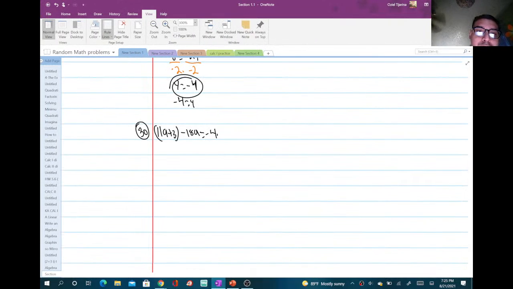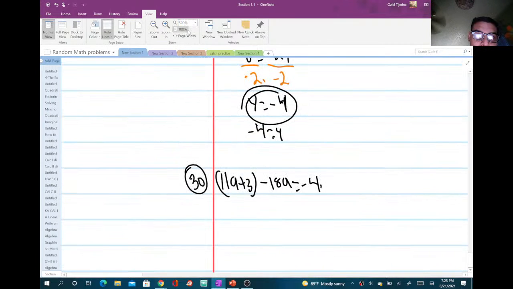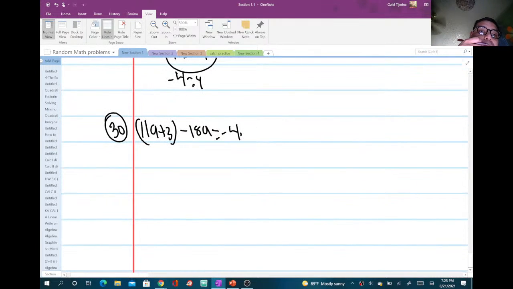Hold on, guys. Okay, so we have 11a, and we can take off the parentheses because there's nothing being distributed here. So then we have 11a plus 3 minus 18a equals negative 4.